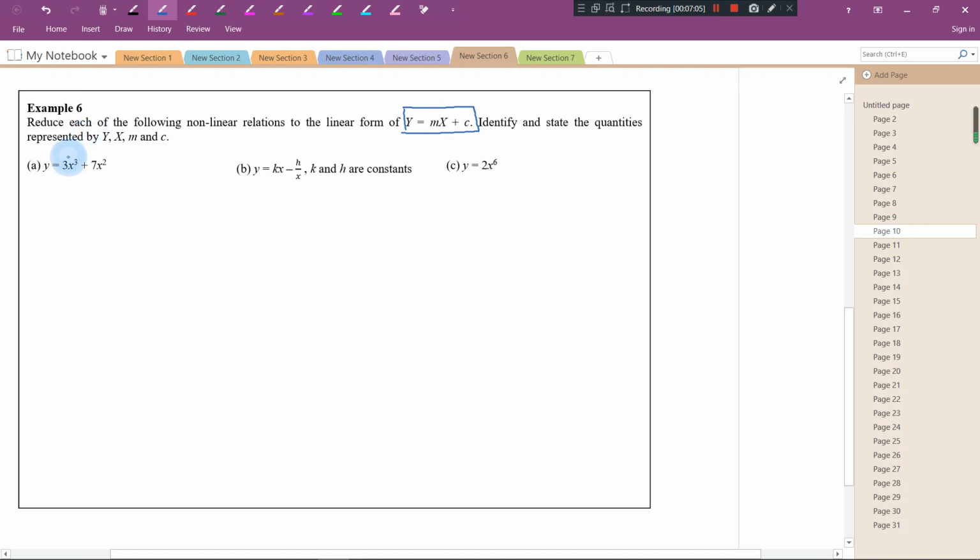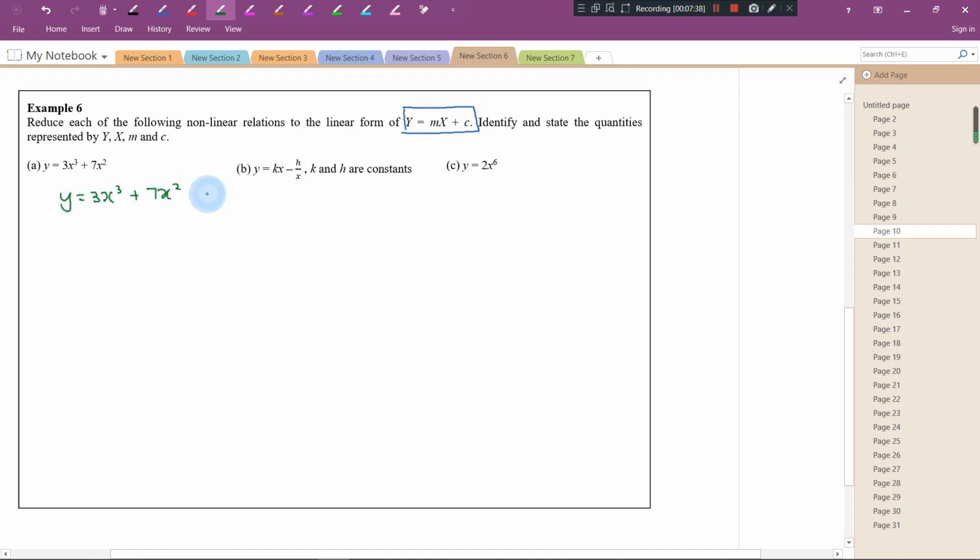So for this type of question, sometimes different students might give you different answers. Okay, why do I say so? Look at here. Remember, our purpose is to change one of them to become a constant. We want this form. Here is a constant. So how to do that? I can divide this whole equation by x squared. So now I have y equal to 3x cubed plus 7x squared.